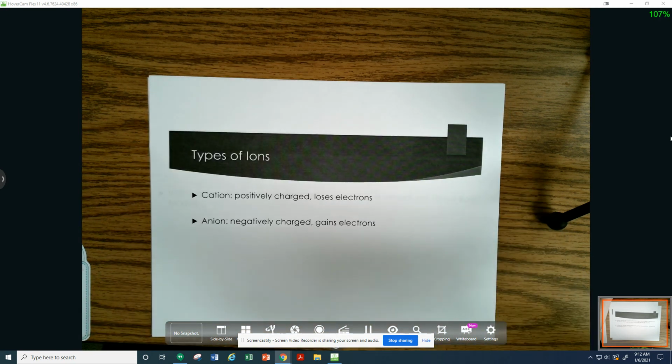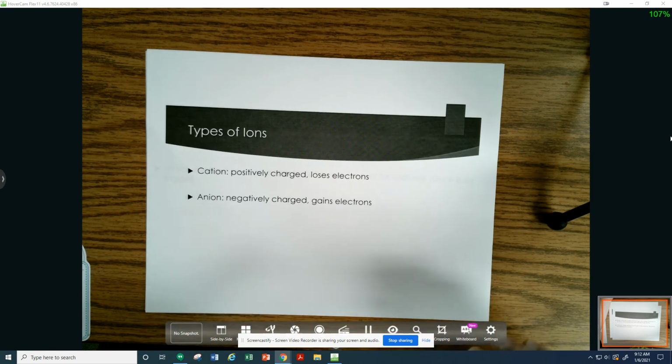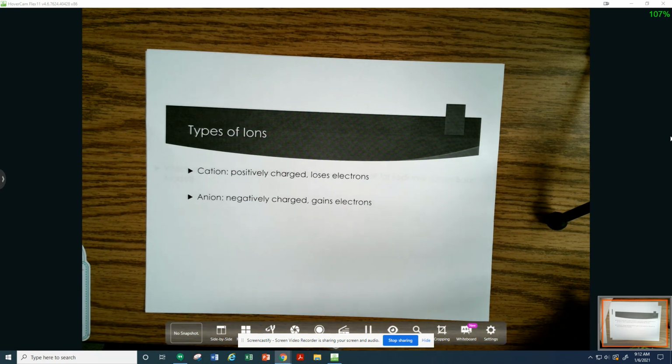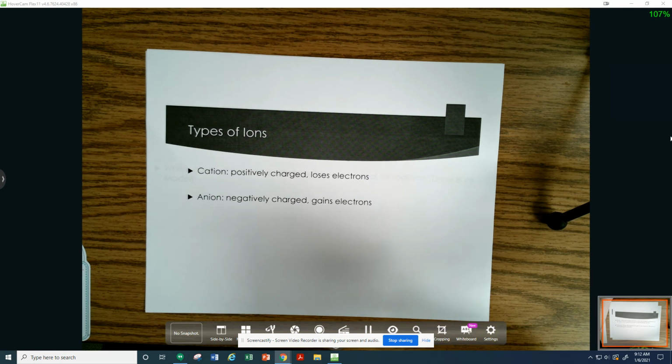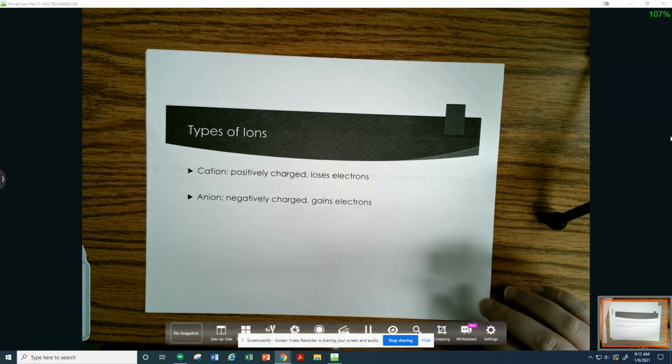The main goal today is looking at our 2 types of ions and determining which is easier for an element. Is it easier to become a cation, or is it easier to become an anion to get to that point of having stability? Cations are the positively charged ions, and it's because there's a loss of electrons.